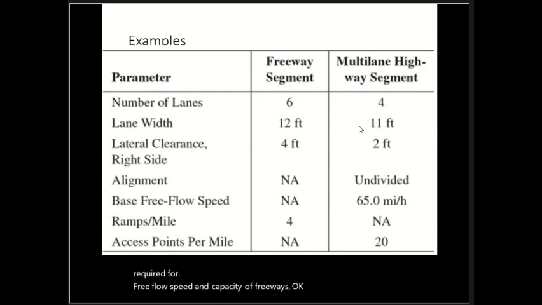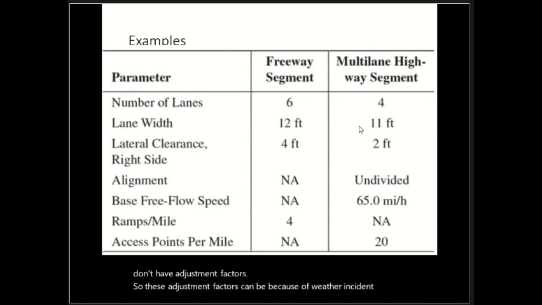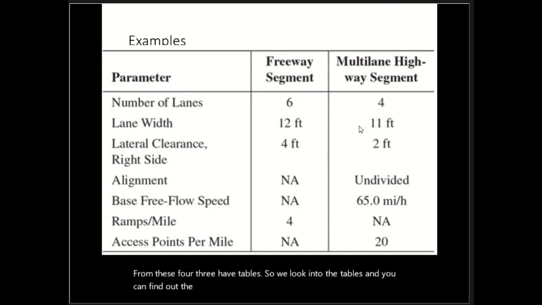For multilane highways, we don't have adjustment factors. These adjustment factors can be because of weather, incident, work zone, and driver population. Of these four, three have tables. So we look into the tables and you can find out the factor. But for work zone, we need to do some calculations.